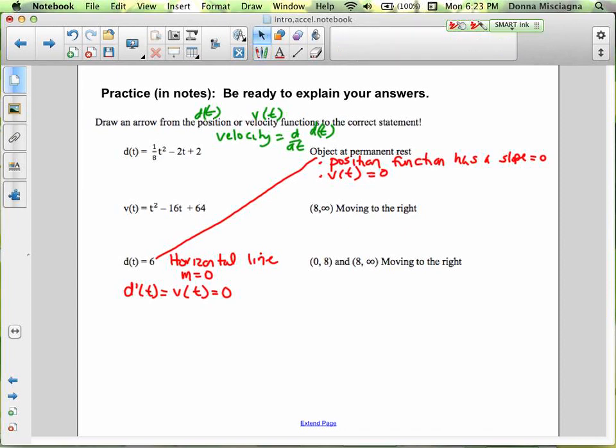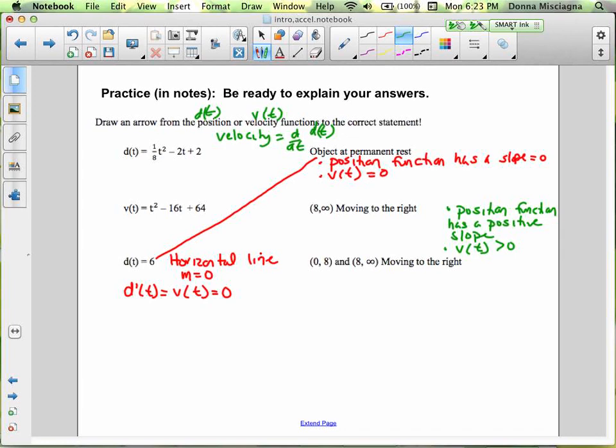For the next two, moving to the right means that in both cases the position function has a positive slope, and the velocity function values are greater than 0.